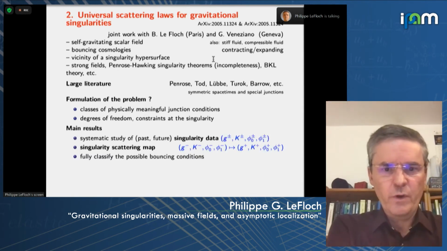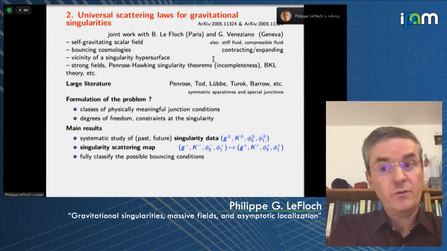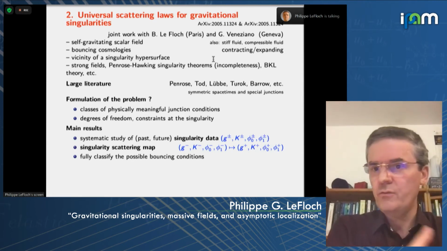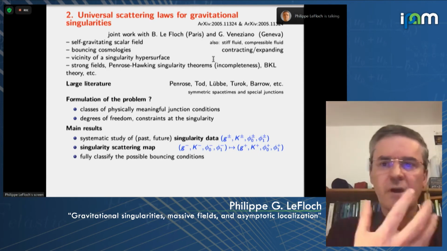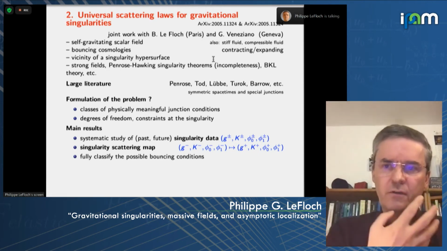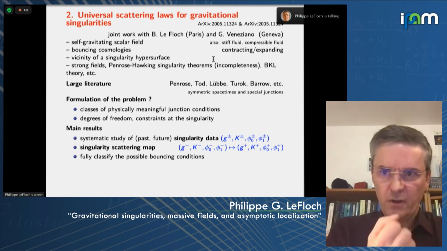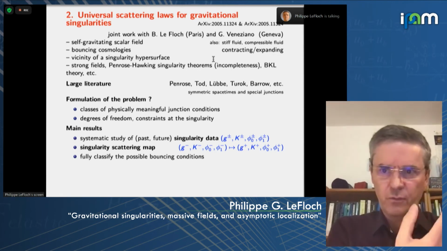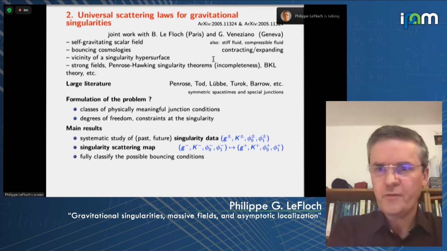To tackle that, we introduce what we call singularity data, which are exactly in the spirit of the previous discussion. You do some asymptotic analysis and you extract some quantities that have a definite limit. And these are the data that you can talk about on the singularity.